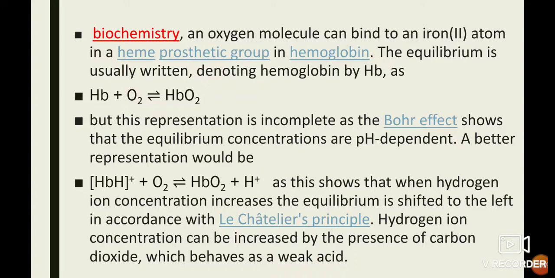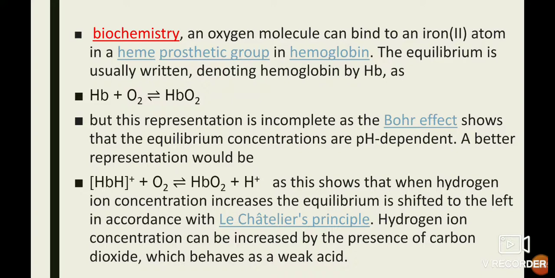That is, the Bohr effect refers to the shift in the oxygen dissociation curve caused by a change in the concentration of carbon dioxide or the pH of the environment in the blood.